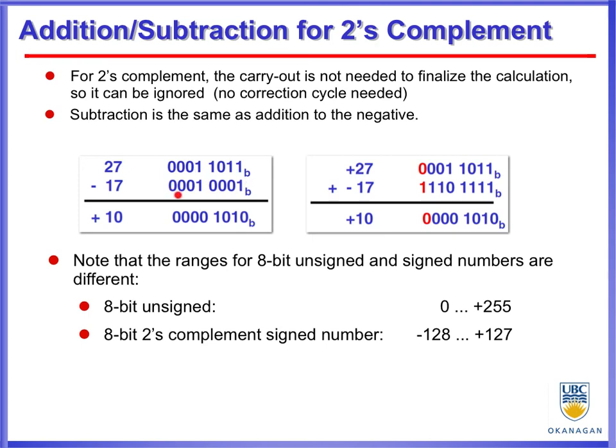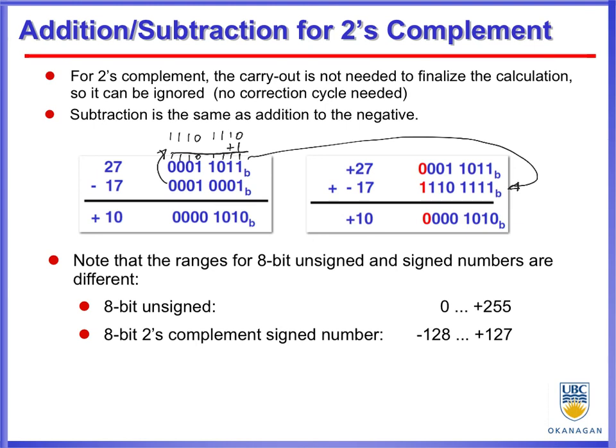To find the 2's complement for 17, we invert all the bits, so 1, 1, 0, 1, 1, 1, 0, and we add 1 to get 1, 1, 1, 1, 0, 1, 1, 1. Okay, so that is our 2's complement representation of negative 17.